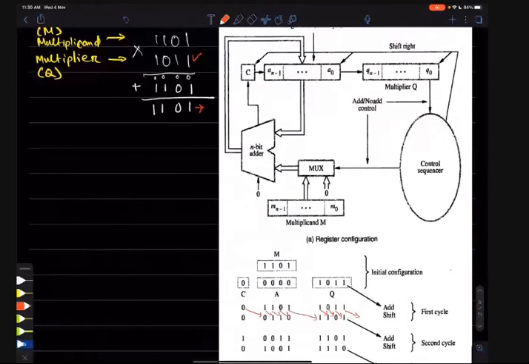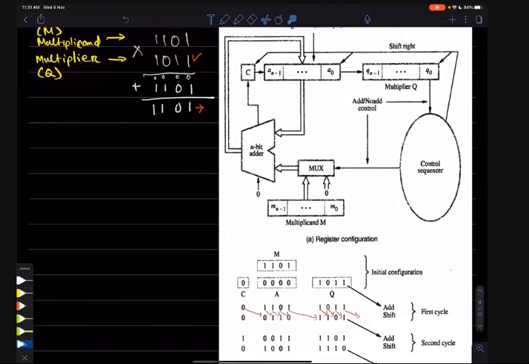So now what is the content of the Q register? This one, 1101. Why have we used Q to shift? Because the first bit is of no use currently, because the first bit's work is already over. It has already multiplied with the multiplicand, and our work is already over.